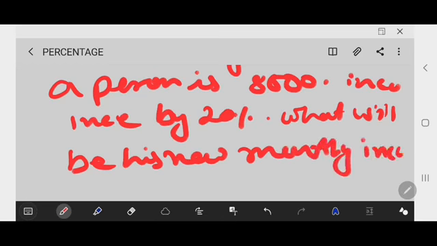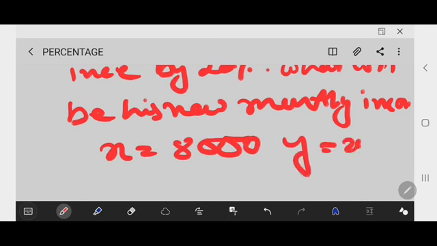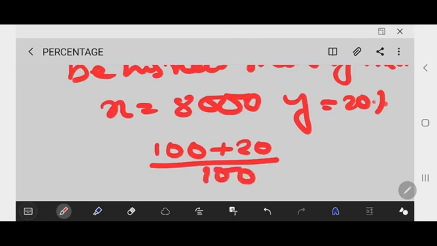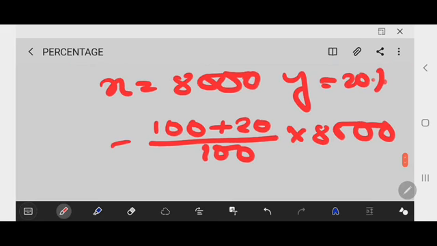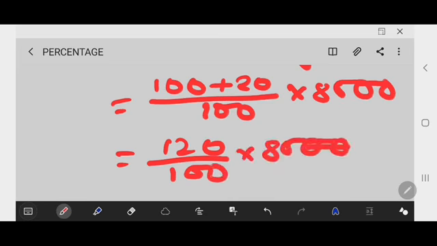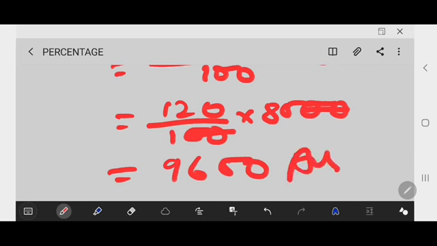As we know, x is equal to 8,000 and y is equal to 20%, so just put in the formula: 100 plus 20 by 100 into 8,000. The calculation will be 120 by 100 into 8,000. The 00 cuts here, and 12 into 8 is 96, so 9600 will be the answer.